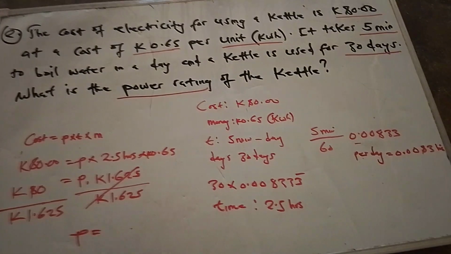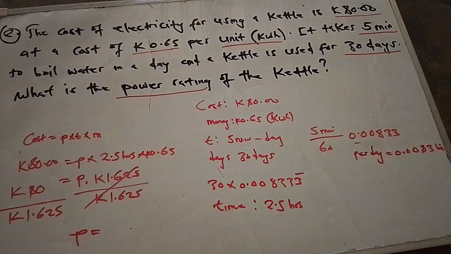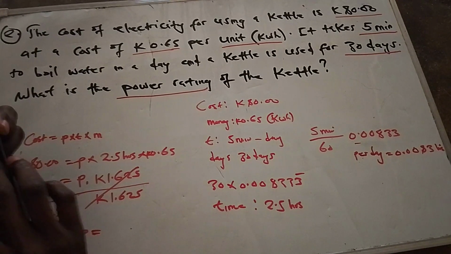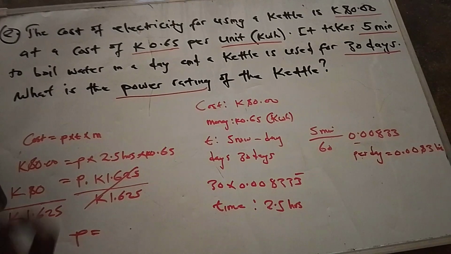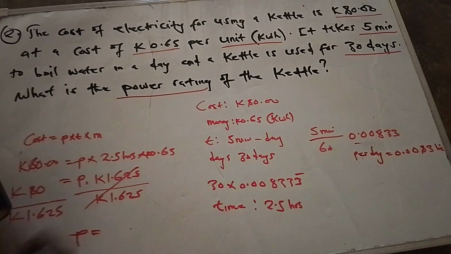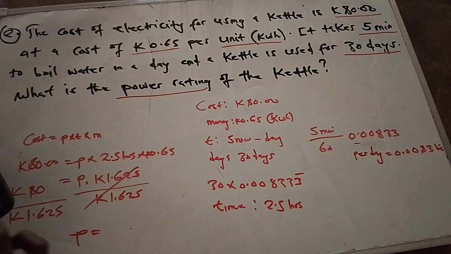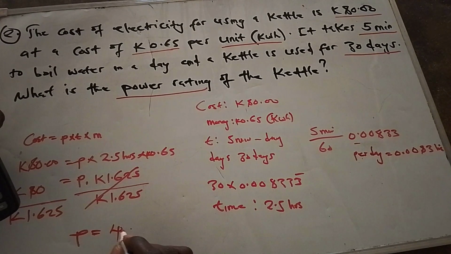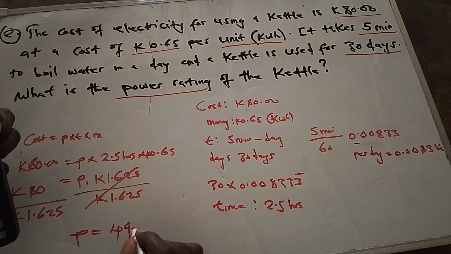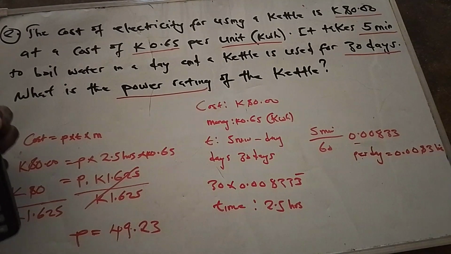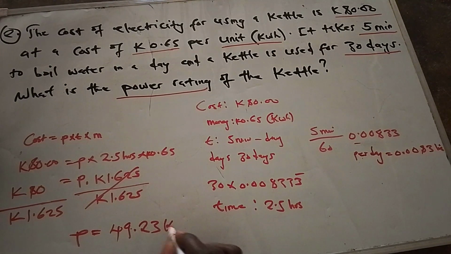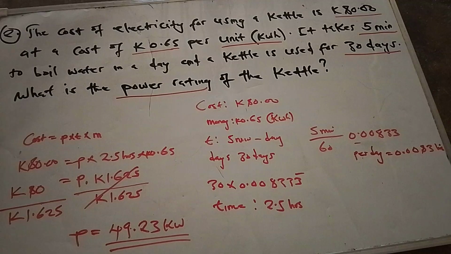So our power now will give us 80 divided by 1.625. We're getting 49.23 as our answer. So this is power. So we put it in kilowatts.